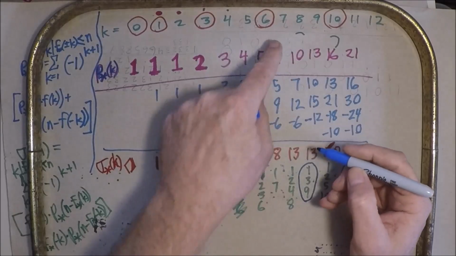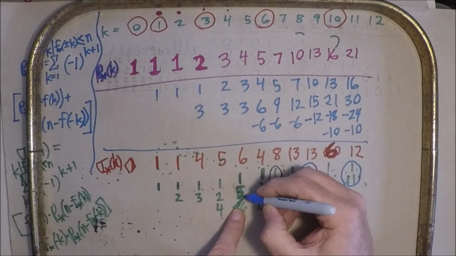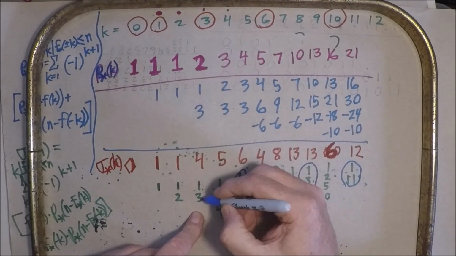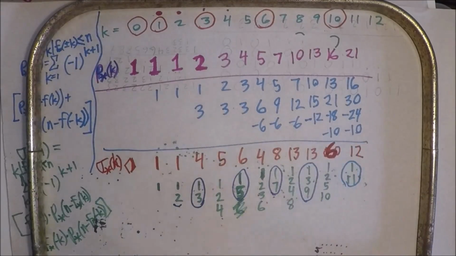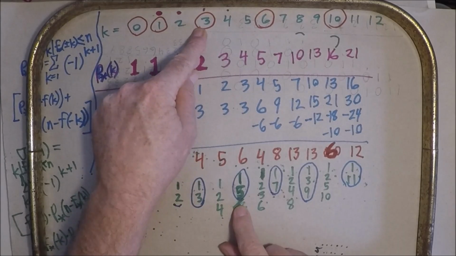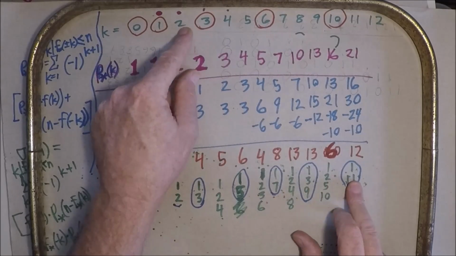No. For 7, we're getting a full sum. For 5, we're getting the full sum. No. 3, we're getting the full sum. But not for 2. We're getting a full sum at 3, 5, 7, 3 squared, and 11.